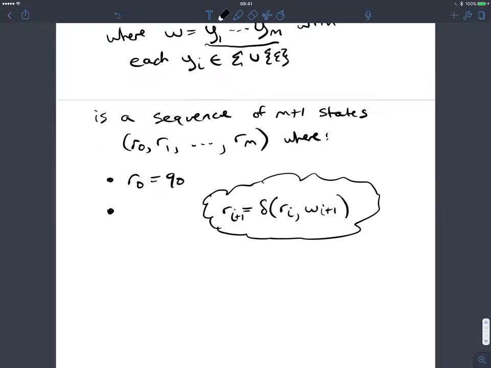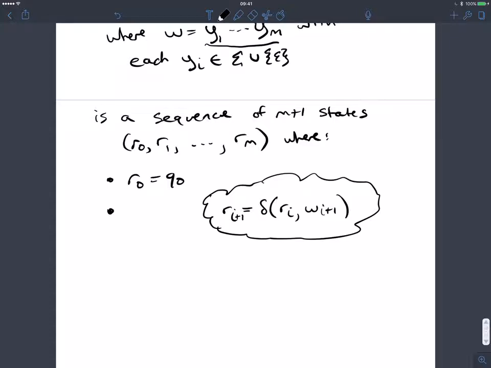But how do I know that Ri plus 1 is valid from Ri? So delta of Ri, comma, Wi plus 1, gives me a set of valid transitions that I can do. How do I know that Ri plus 1 is valid? I have a set of possible transitions that I could do. How do I know Ri plus 1 is a valid one to go to?